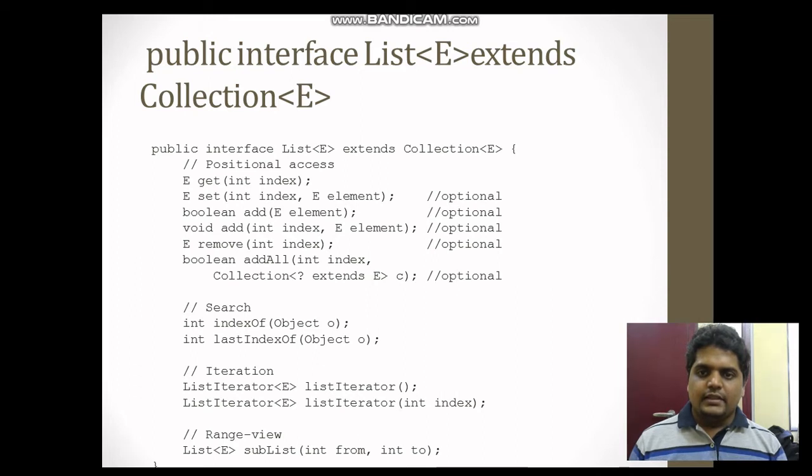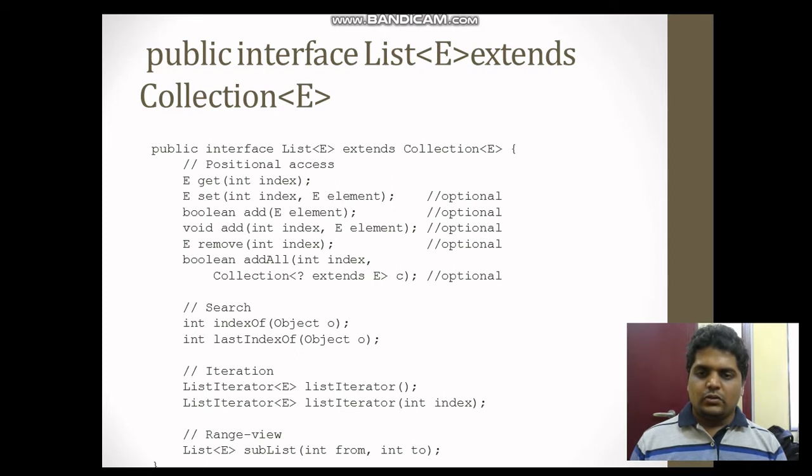Also we have add(E element), a boolean add method, void add(int index, E element), E remove(int index), boolean addAll(int index, Collection), which are optional methods. Followed by search, we have indexOf and lastIndexOf. If you want to obtain the last index, that can be obtained by lastIndexOf, and you have to specify the object type over there.